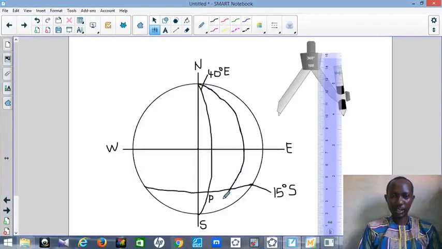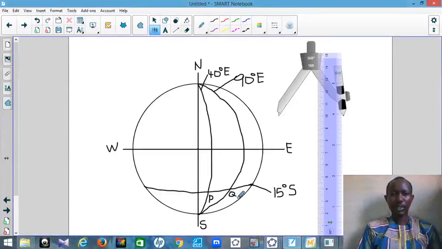Just make it neat. Labeling this 90 is very, very important. This is 90 degrees east. So both of them are in the east direction. Then where they meet, this is point Q.